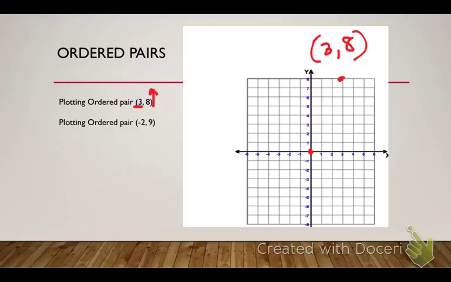Alright, thinking about the next point, again, I'm always going to start at the origin, where they cross. And the first thinking is, do I need to go left or right? Well, in this case, I need to go left to -2. Okay, so I'm here. That's my thinking. I'm not going to plot a point there, but then I'm going to follow it all the way up, because this tells me to go clear to 9.